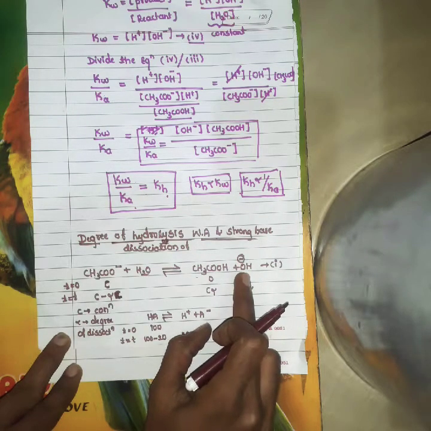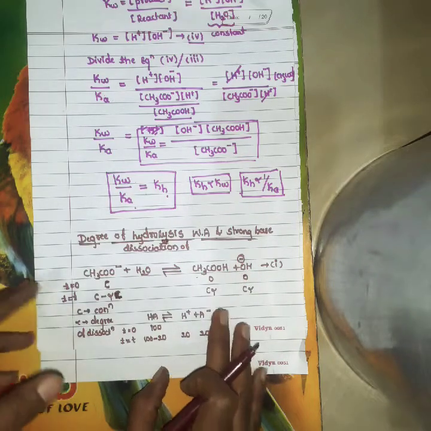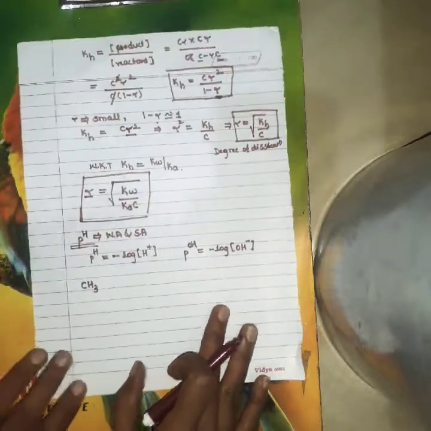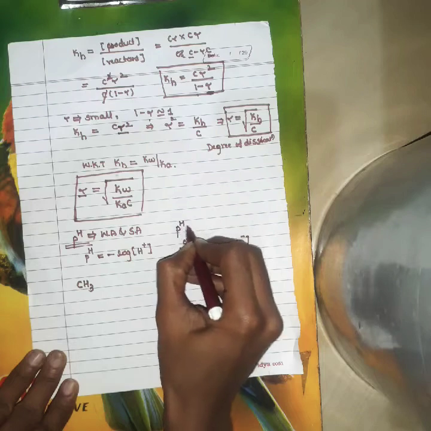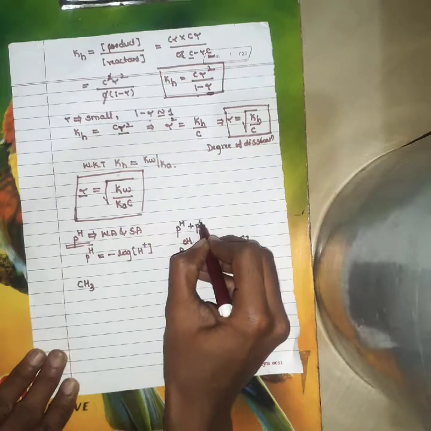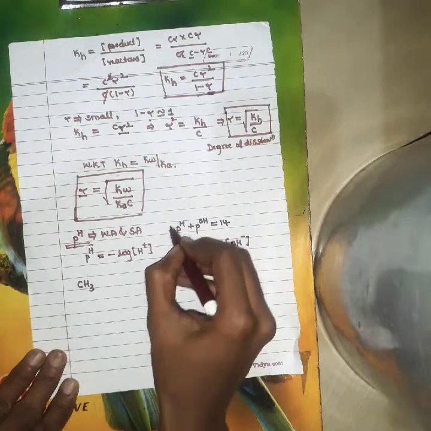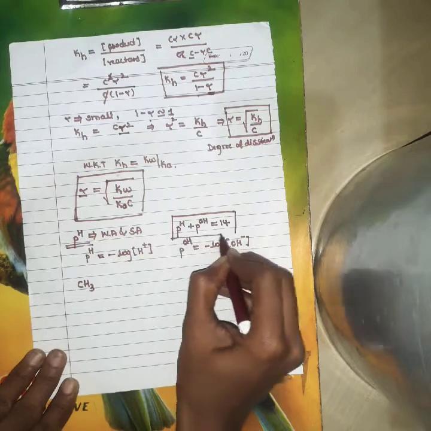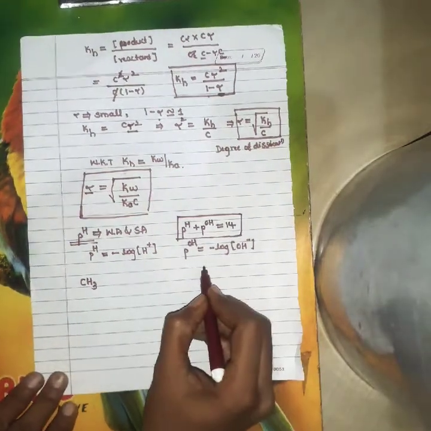We have to calculate the OH minus concentration first, then convert it into H plus concentration. Another expression you know is pH plus pOH, which is equal to 14. This is a standard equation.